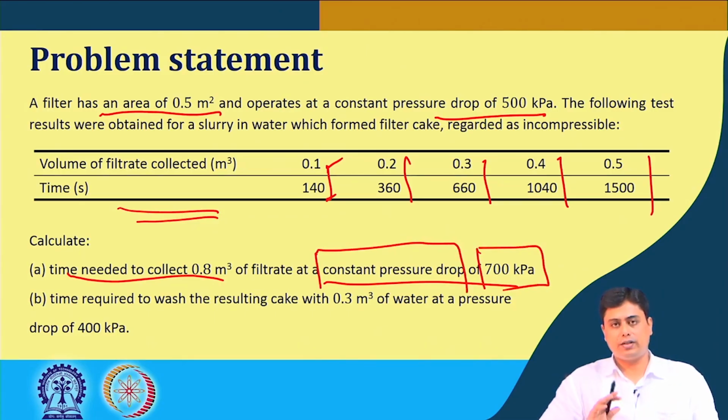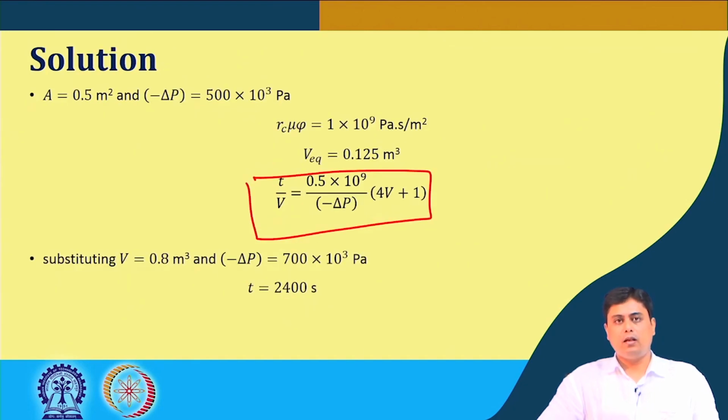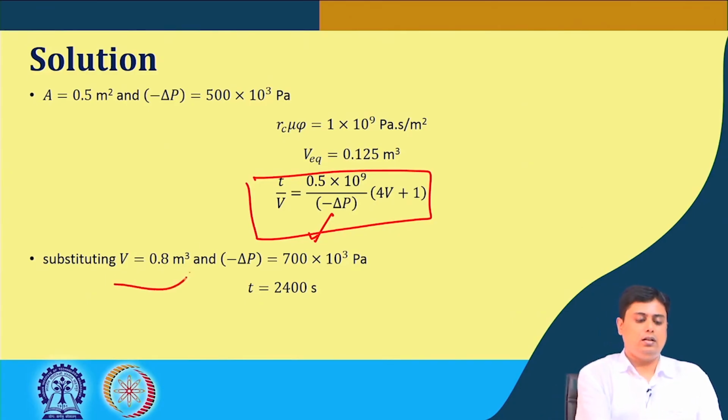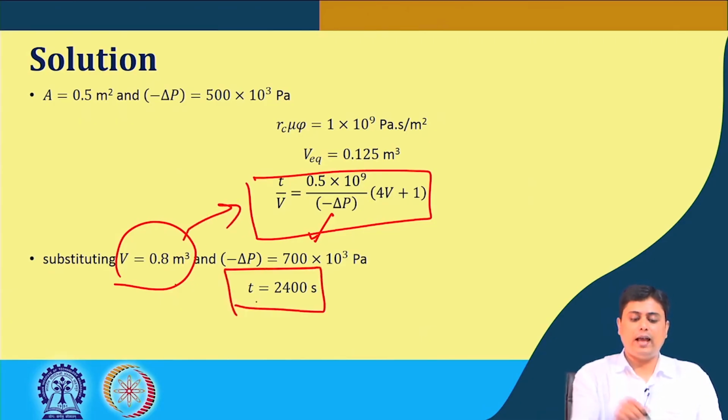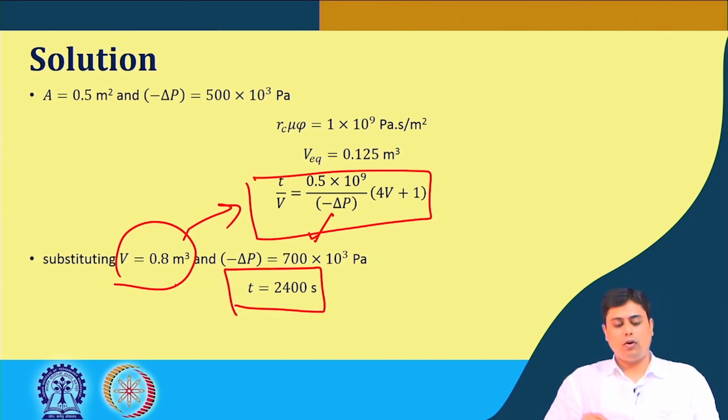So, that means now it is a constant pressure drop filtration process, and in that case we replace minus del P as 700 multiplied by 10 to the power 3 pascal, and the V, the filtered volume required, is 0.8 meter cube. We replace these numerical values in this expression and we find out that the time required is 2400 seconds, which is 40 minutes.